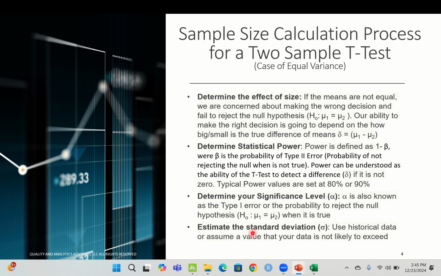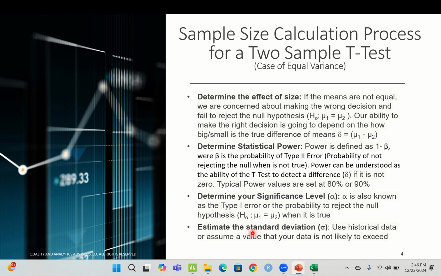So what is the process to determine this sample size if I am interested in executing this two-sample t-test? If the means are not equal, then we are concerned about making the wrong decision and failing to reject the null. In other words, accepting the null when in fact it was actually false.